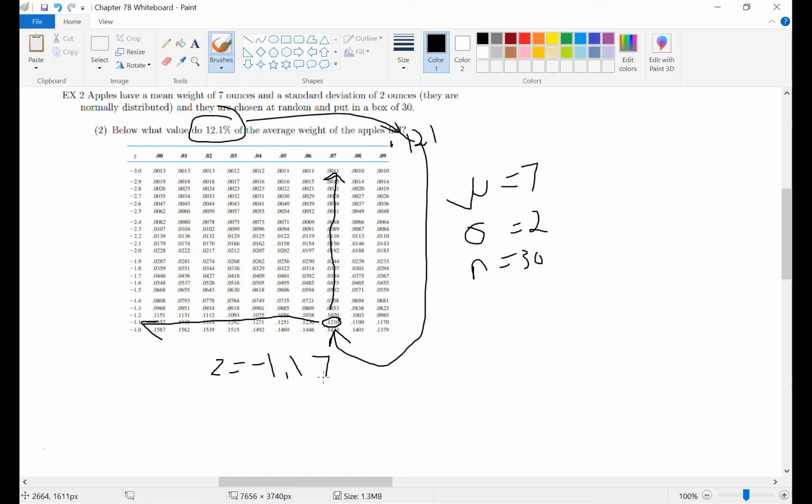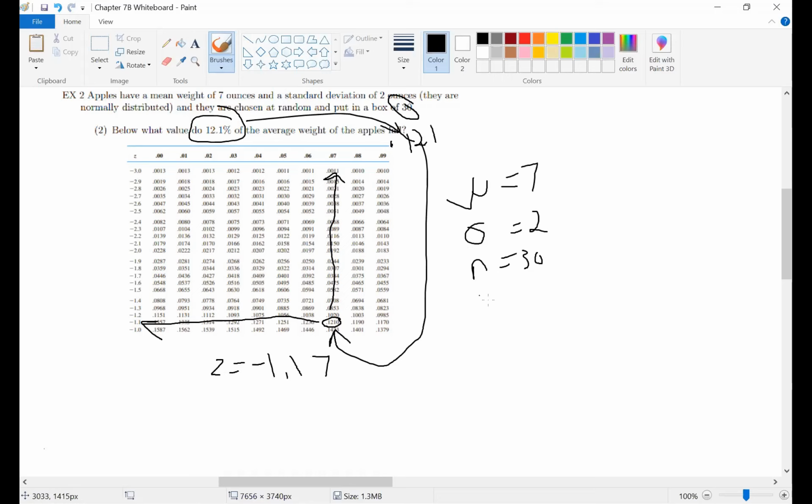You'll notice the process compared to chapter 6 has not changed. We start off the exact same way. Okay, so that's our z-score. Now this is where the process changes, because this standard deviation of 2 is incorrect. We don't want that standard deviation because we now have a box of 30.